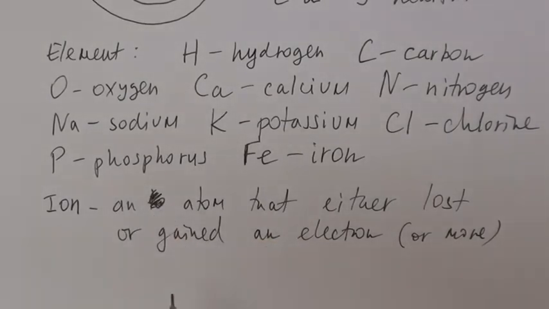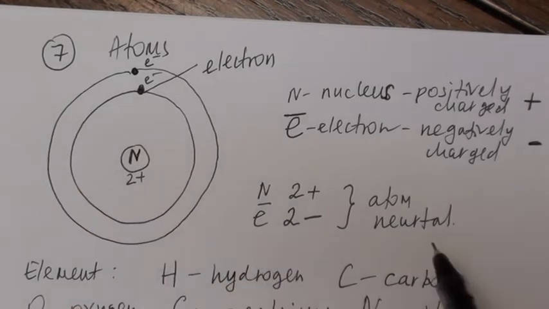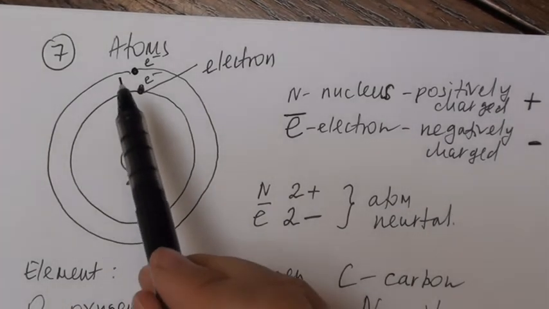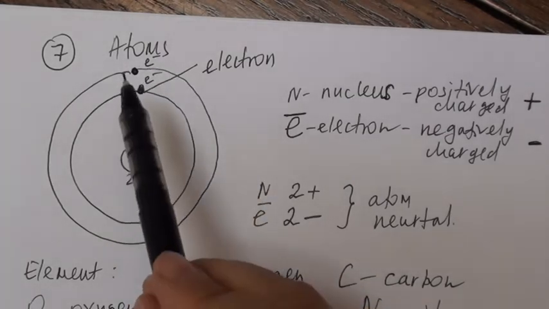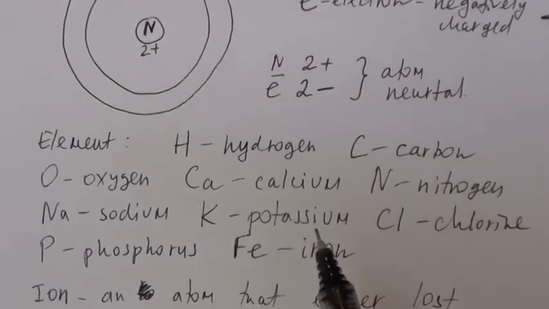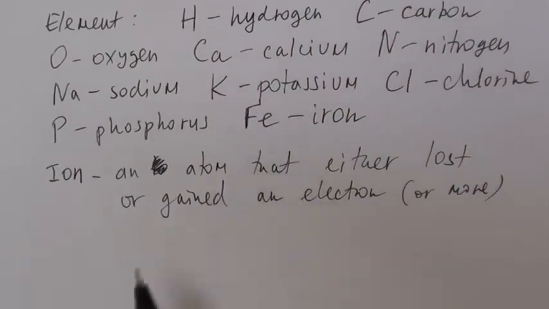So here is a bit of a puzzle for you, okay? If I take an atom, and you remember it's neutral, and one of the electrons is left, is that going to create a positive ion, or is it going to create a negative ion?